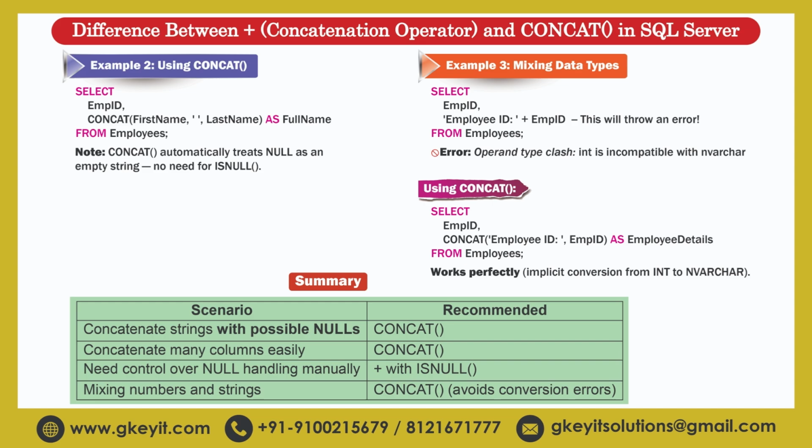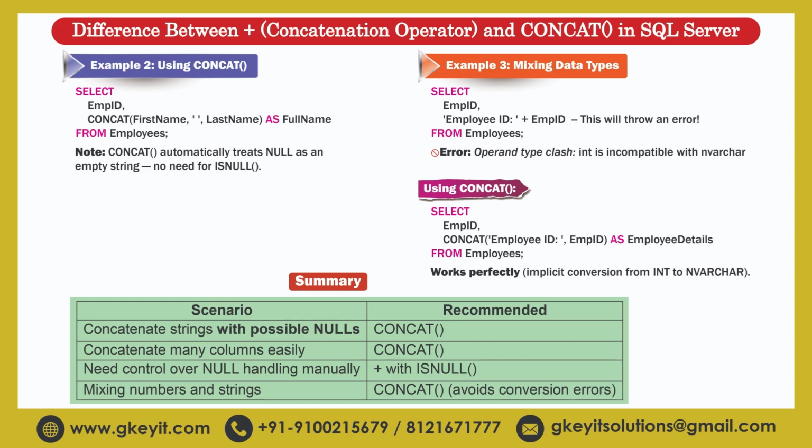Here we have a clash, int is incompatible with nvarchar. This kind of error we are going to get while using this query. And coming to the concat function, in the same way: select employee ID, concat employee ID semicolon employee ID as employee details from employees. It works perfectly here. The conversion from int to nvarchar happens implicitly when using the concat function.